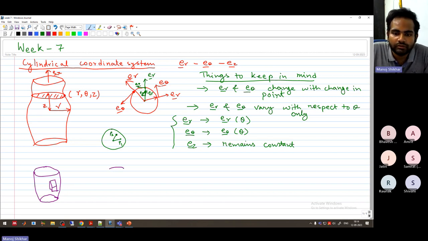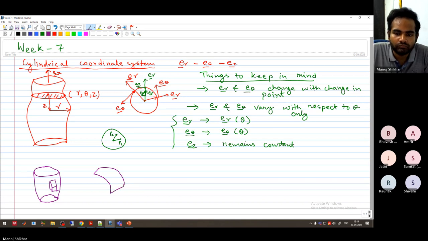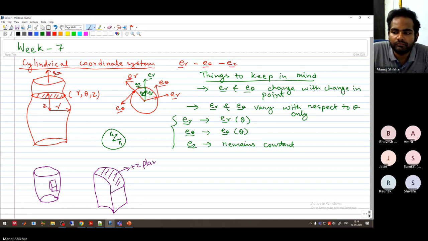In zoomed view, it will look something like this. This is the positive z plane. This is the negative r plane.